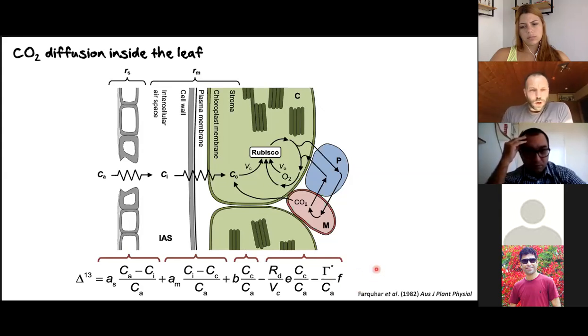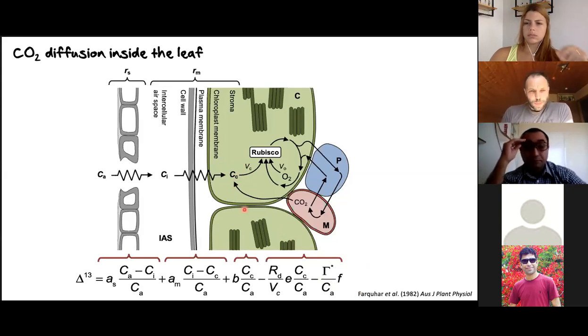So this has been one of the main ways to assess the chloroplastic CO2 concentration, among other things.